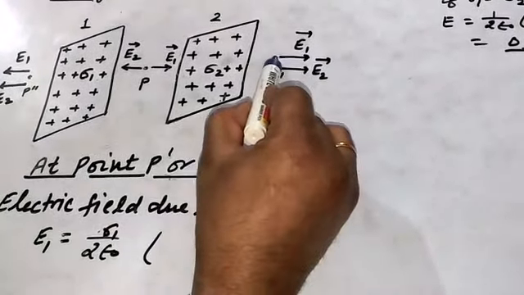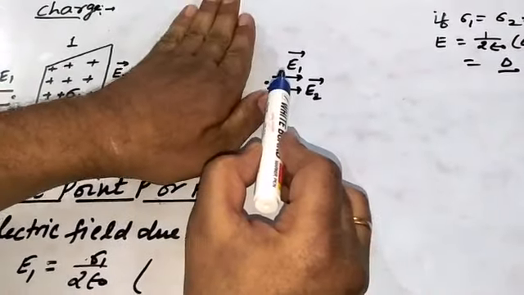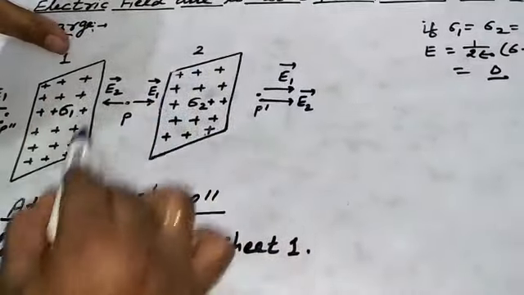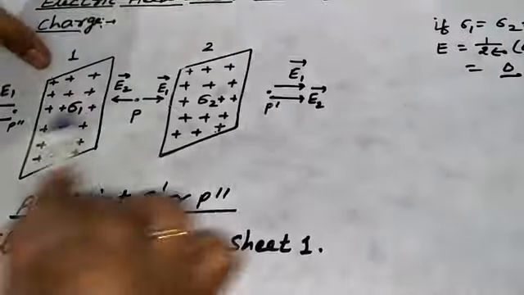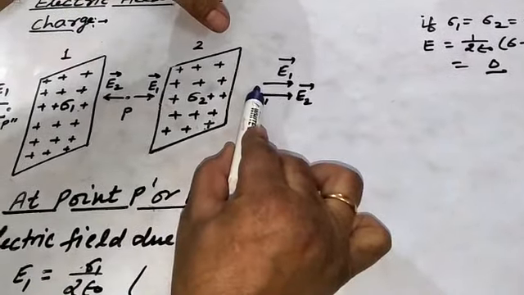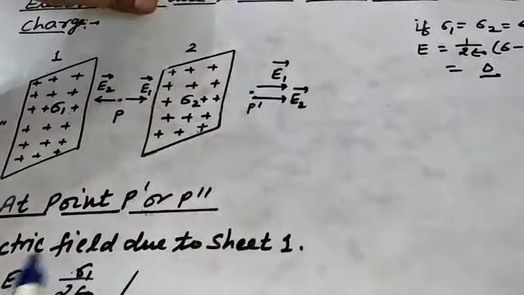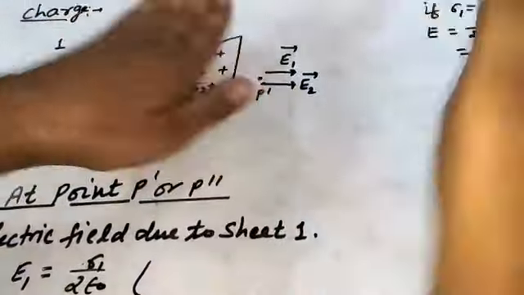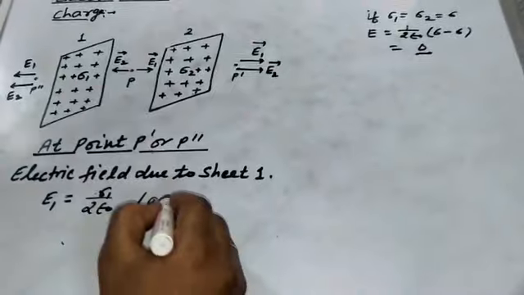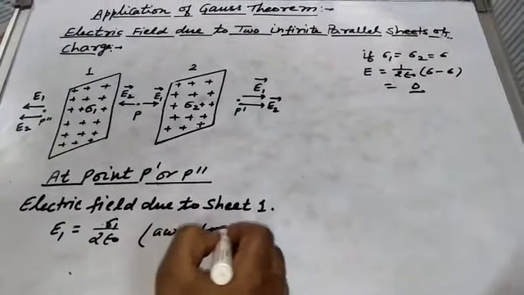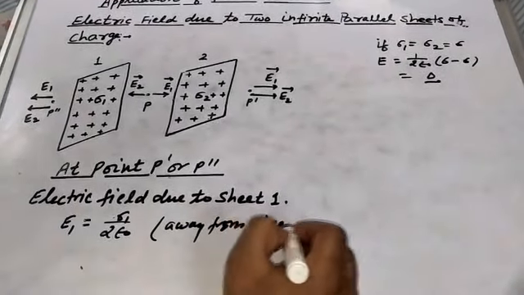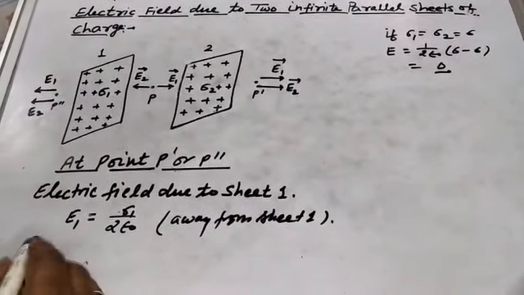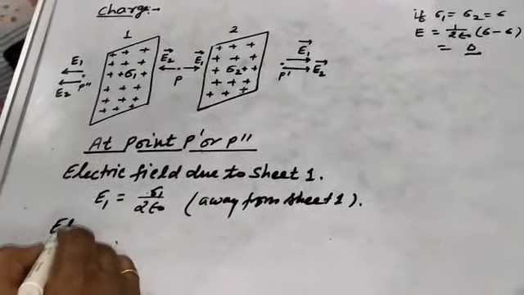Here I am only considering sheet 1. So due to sheet 1 at point P dash, the electric field E1 has magnitude sigma 1 upon 2 epsilon naught and is directed away from sheet 1.